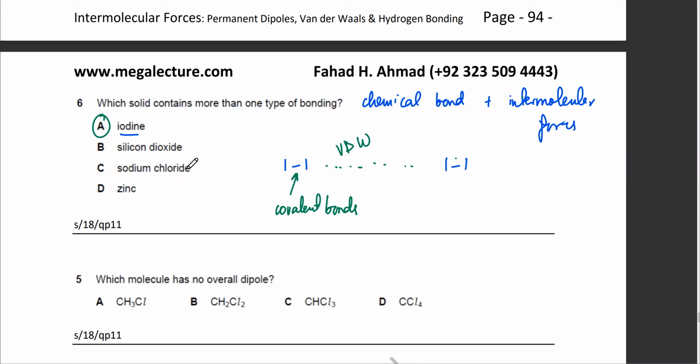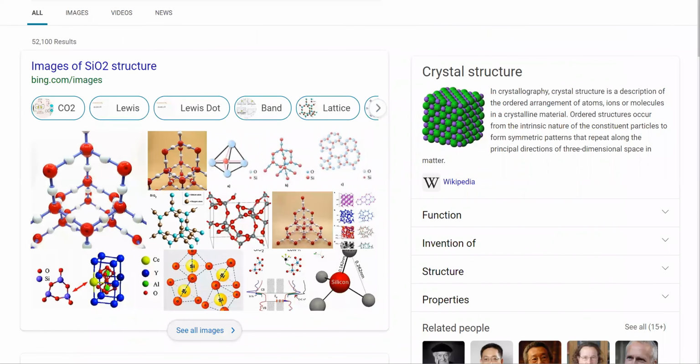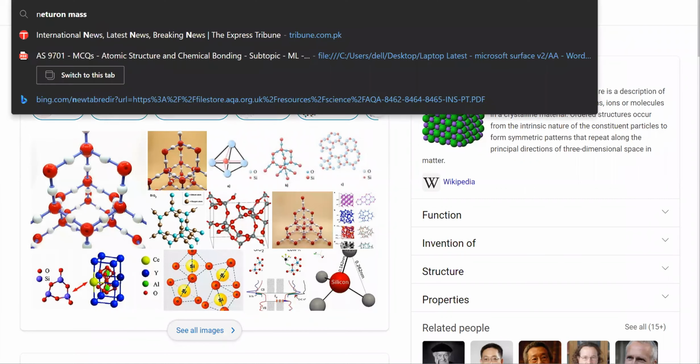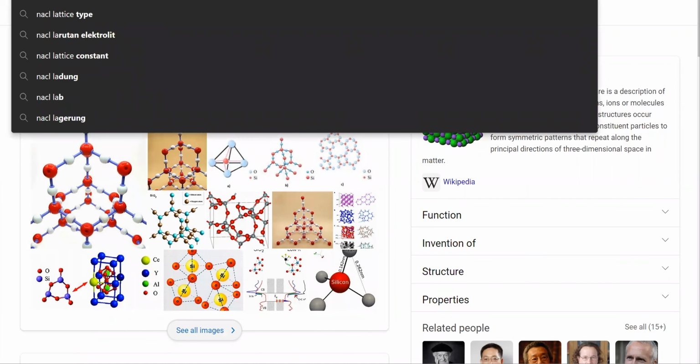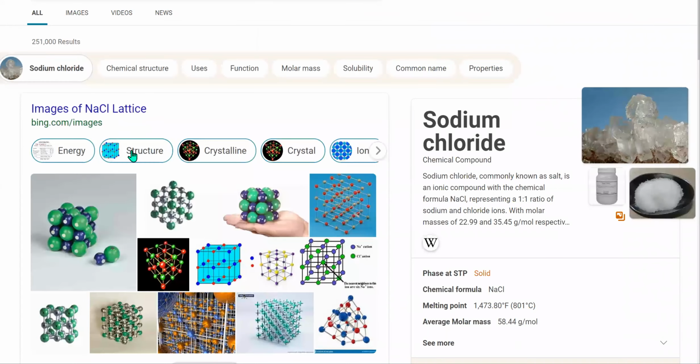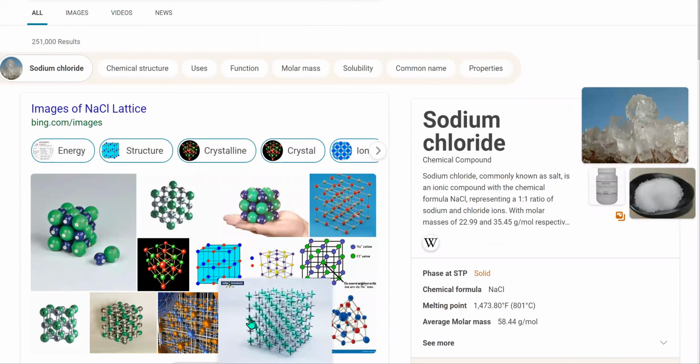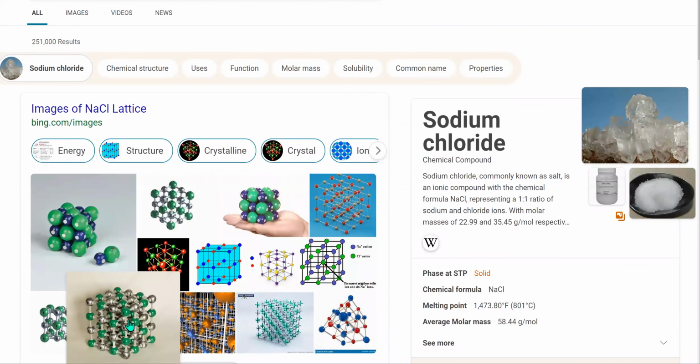Sodium chloride is again just one type of bonding. That's a giant ionic lattice. NaCl will have this kind of lattice. It's going to be a bunch of positive ions and negative ions all attracted to each other.